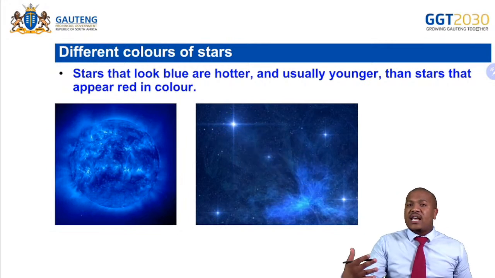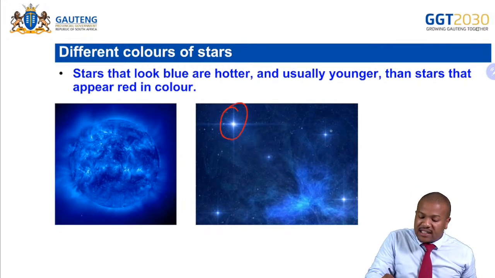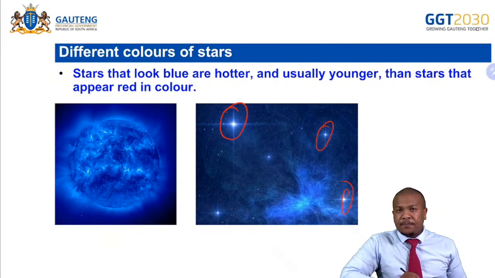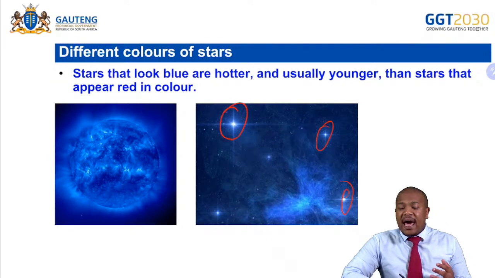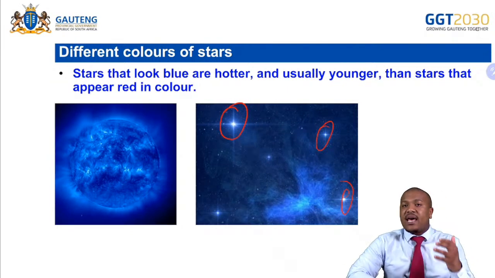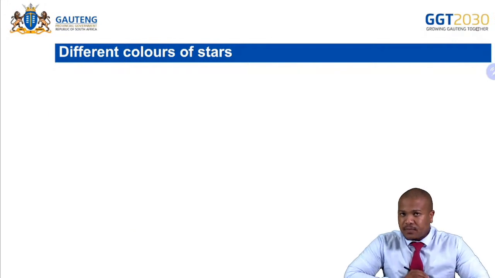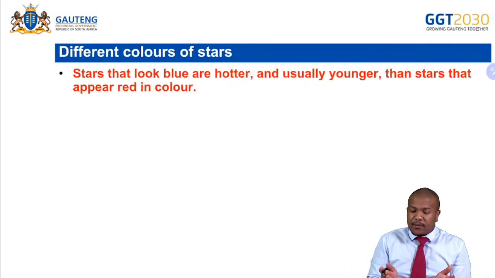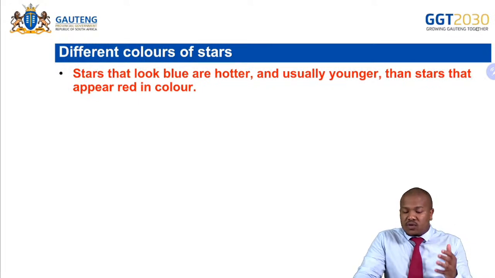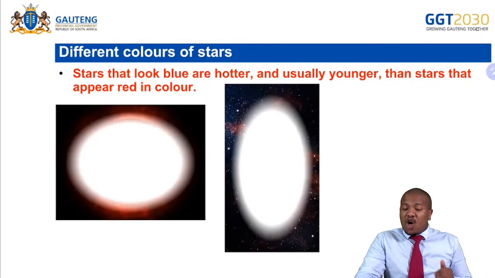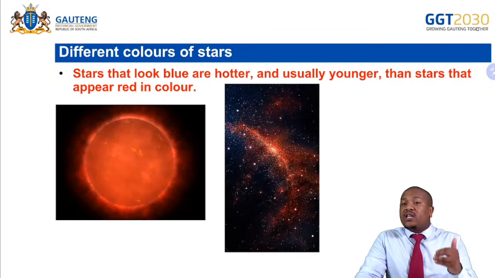When we say hotter, we mean in terms of temperature. They are usually hotter and younger than the ones that appear red. And the same goes for the red stars. They are the opposite of the blue stars. They are usually colder and older than the stars that appear blue.